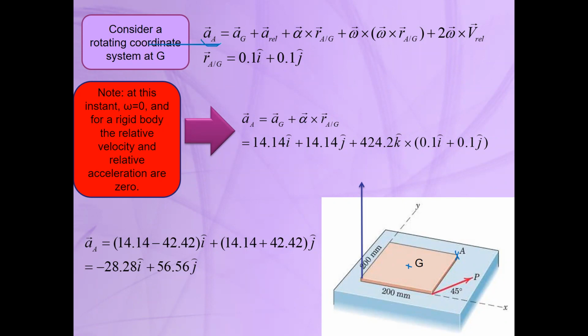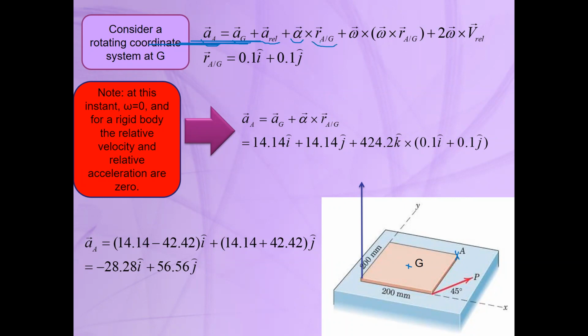Here, this is the absolute acceleration for point A. This is the acceleration of the mass center. This is the relative acceleration between point A and G. And because this is a rigid body, we know that the relative acceleration between A and G is equal to 0. This is the alpha, or the angular acceleration for the system.